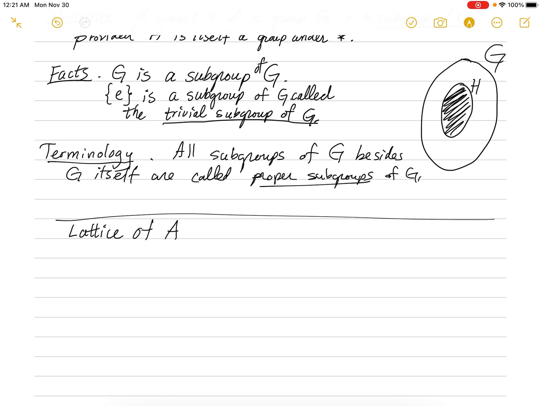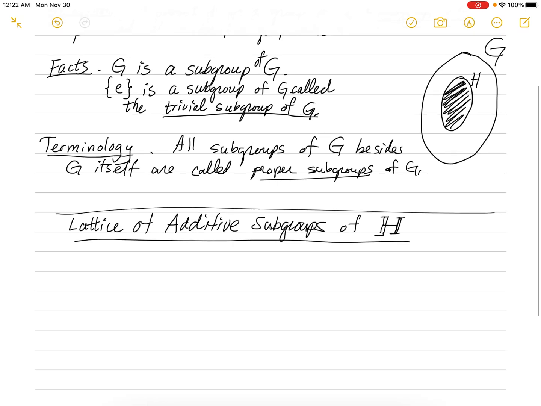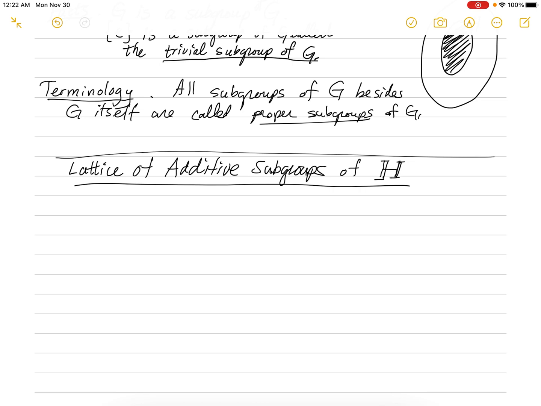Lattice of additive subgroups of the real quaternions. Remember, the real quaternions is represented by H. So I'm going to start with the real quaternions. So our operation here is addition. So the identity would be the 0 element.